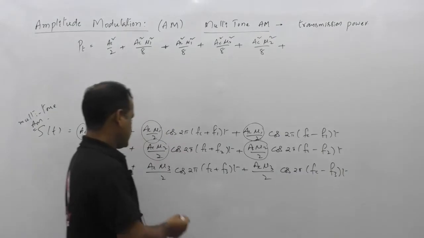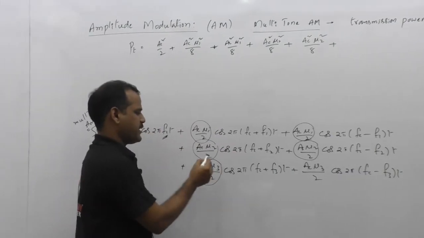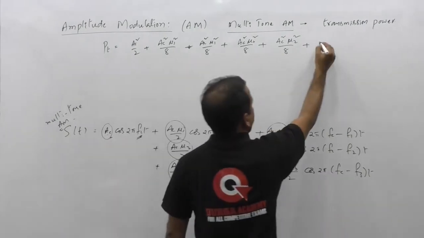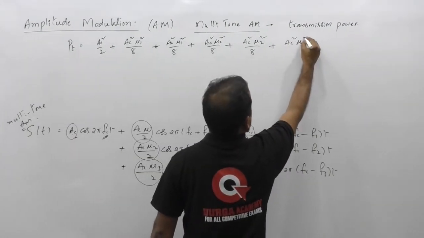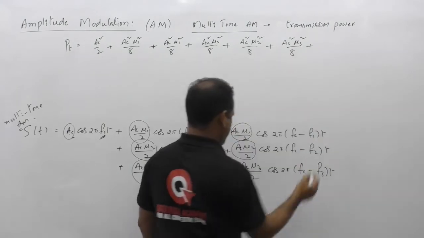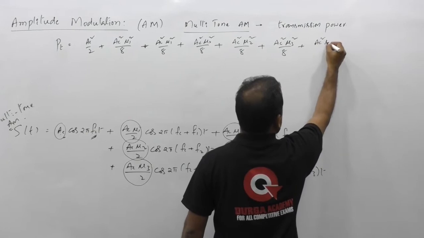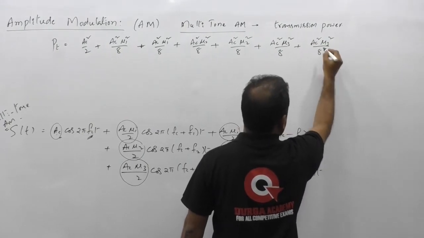And this term has AC mu 3 by 2, with power amplitude square divided by 2, that is AC square mu 3 square divided by 8. Same power for the last component, AC square mu 3 square divided by 8.